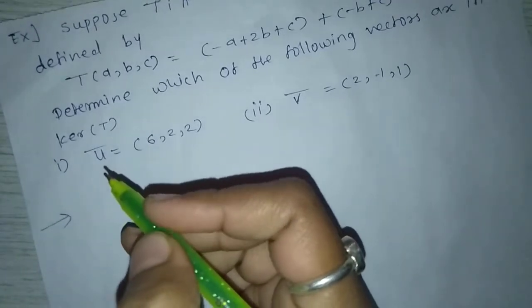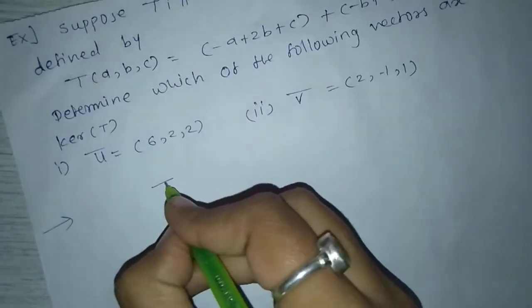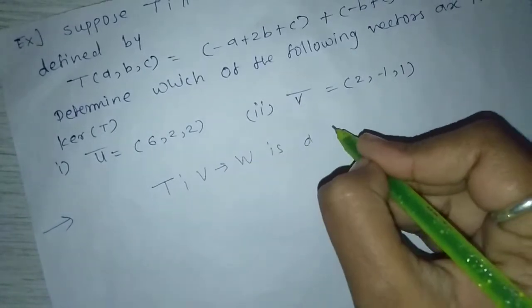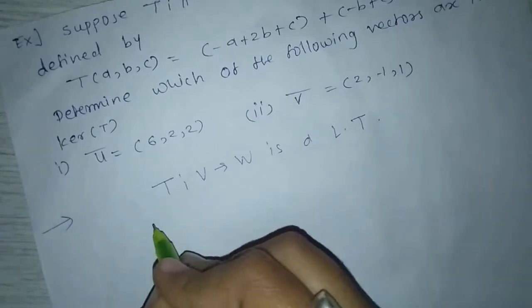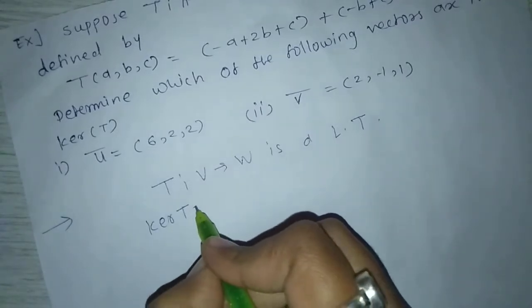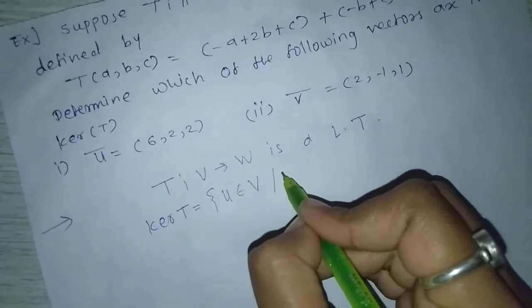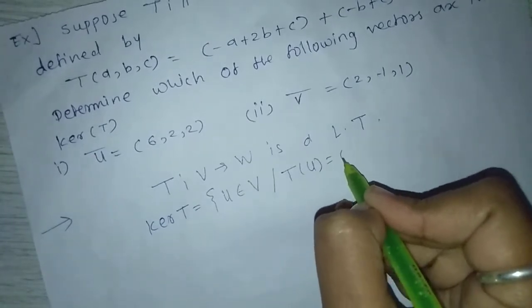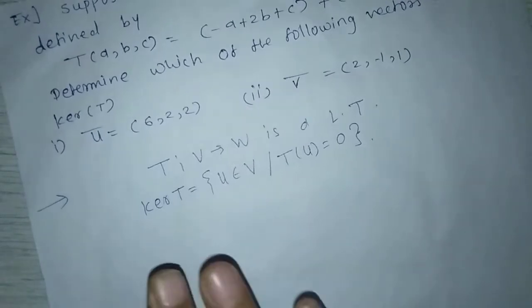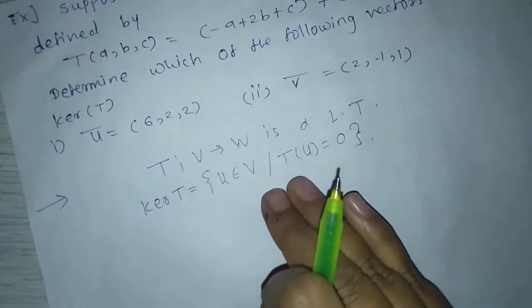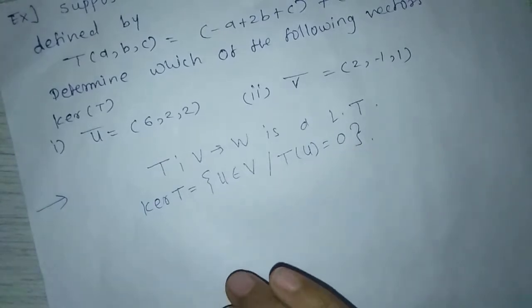We know that kernel of T means, if T mapping V to W is a linear transformation, then kernel of T equals the set of u belonging to V such that T of u equals 0. It means the kernel of T contains those elements of V for which T of u equals 0.